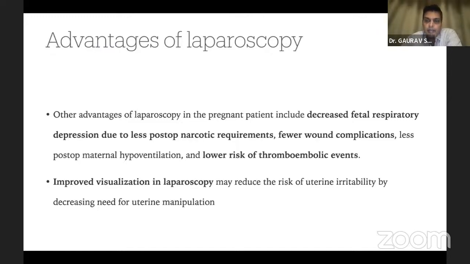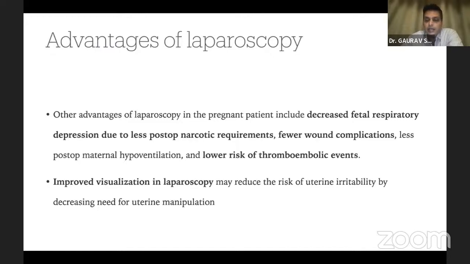Apart from that, one of the main plus points for endoscopists especially, and the reason why endoscopists love to do laparoscopy and not laparotomy, is improved visualization. The vision is magnified, and this really helps us in tackling ovarian cysts or any other pathology, especially in pregnancy, because as the gestational age increases, the uterus occupies a fairly substantial space in the pelvis and the abdomen.